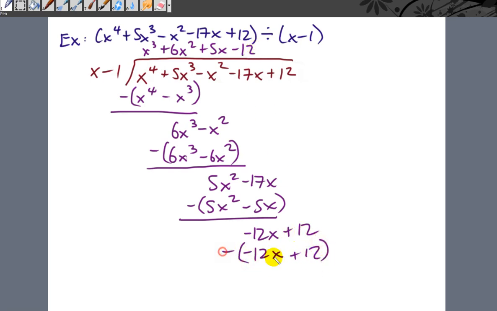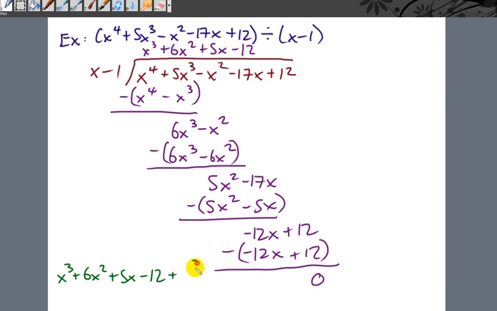So we need to subtract this. And when we distribute here, then this becomes positive. That's going to be negative. And what we have is we get a lovely 0. Okay? So when we go ahead and divide this through, this means our final result is going to look something like this. So x cubed plus 6x squared plus 5x minus 12 is our quotient.